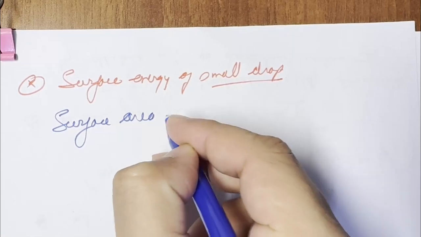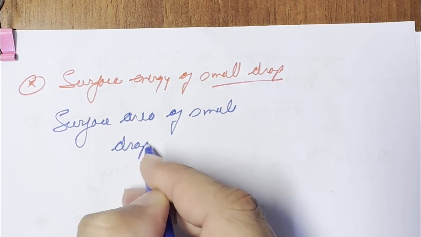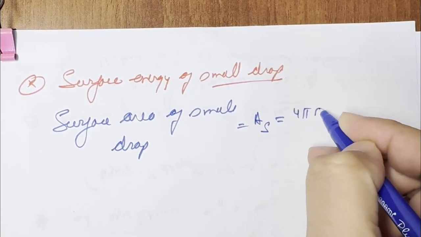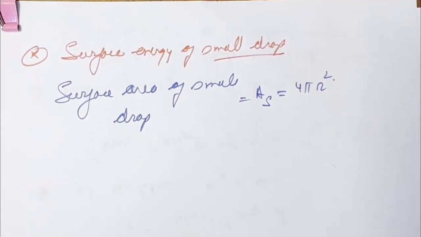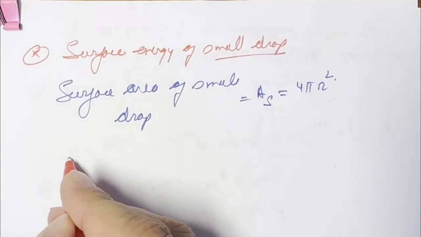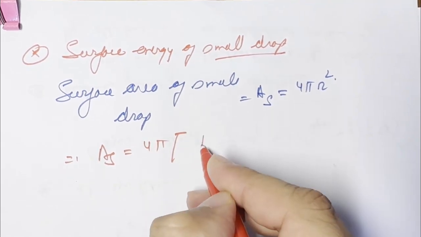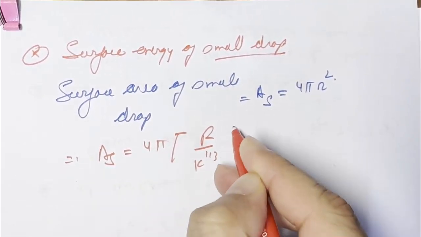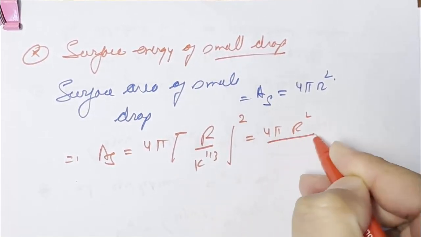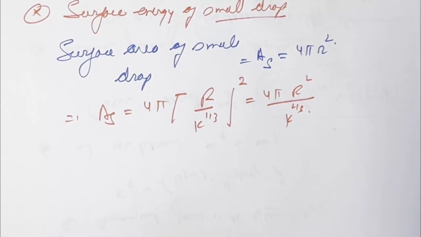Let us call that A S, and that will be equal to 4 pi small r square. And we already know the relationship between small r and capital R, so we substitute it here. We get 4 pi, and we have capital R divided by k to the power 1 by 3, and this whole square, which comes out as 4 pi R square divided by k to the power 2 by 3.